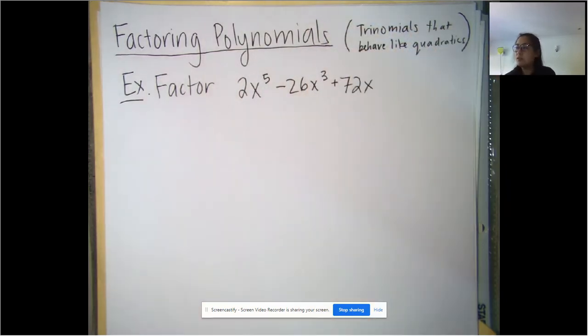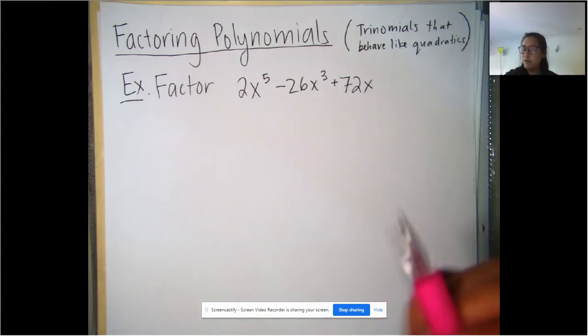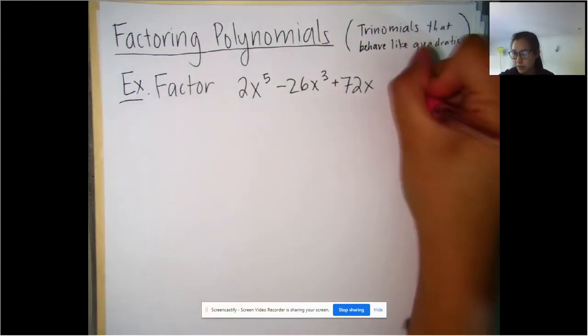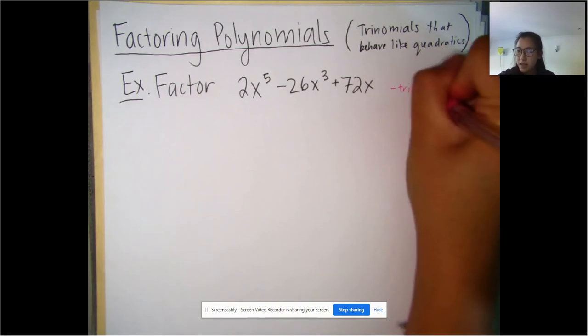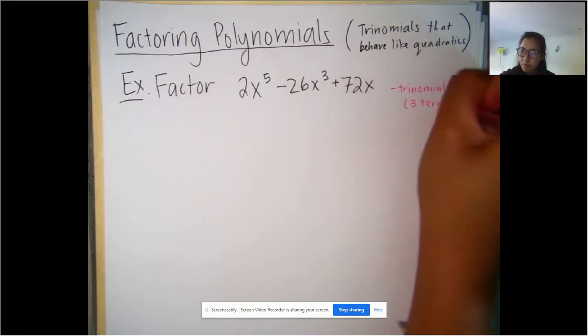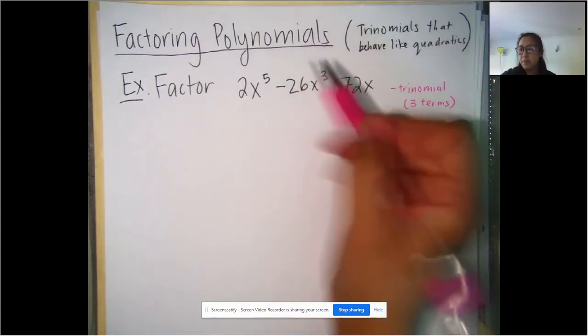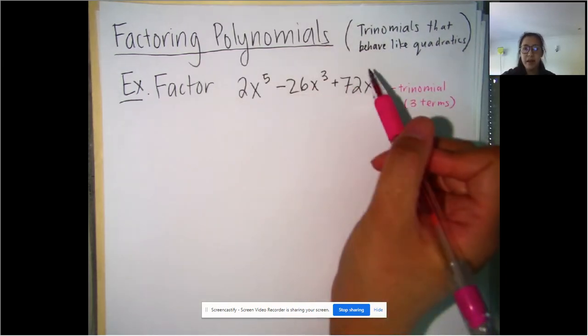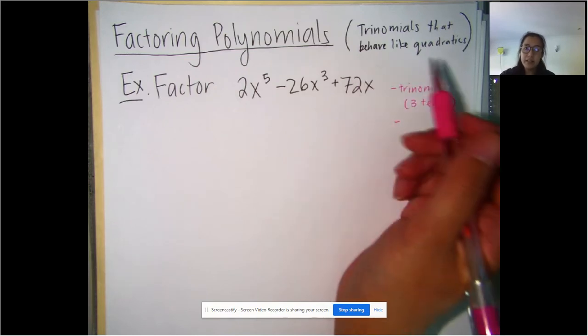Okay, so just some notes to make here. When you have some trinomial where the powers are decreasing by the same number in each of the terms. First of all, this is a trinomial, meaning that there are three terms. Also, you see that the powers are decreasing steadily by the same amount. Obviously, it's in standard form.